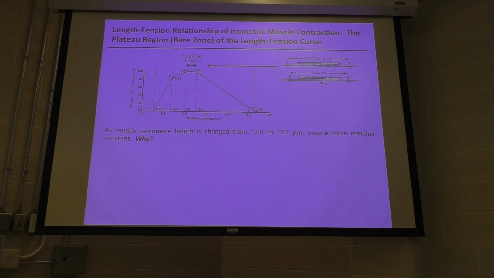So this is based on the total number of possible interactions. Let's say I increase the number of myosin heads just in the middle. You have more possible interactions. Okay? I know it looks like there's a bare zone, like a flat number of possible interactions.